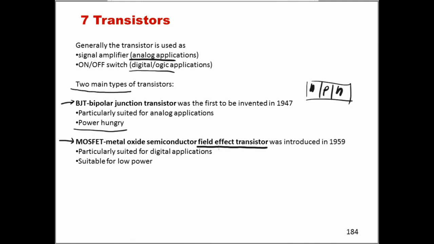So it uses electric fields to operate, and we will see in a moment how. So the MOSFET, because it's such a low power device, is particularly useful for many different types of applications, and also particularly is very useful in digital applications.